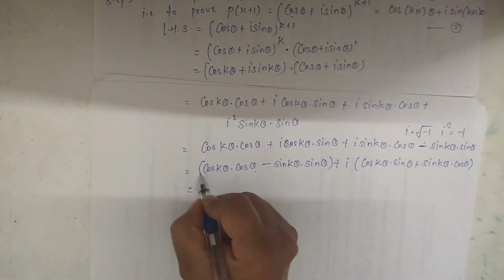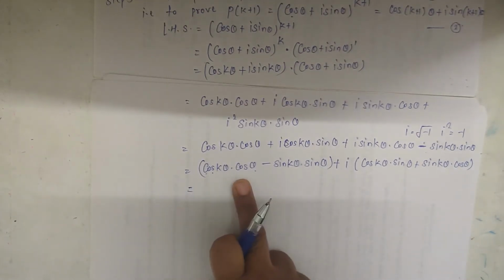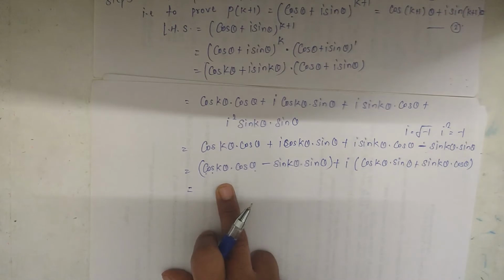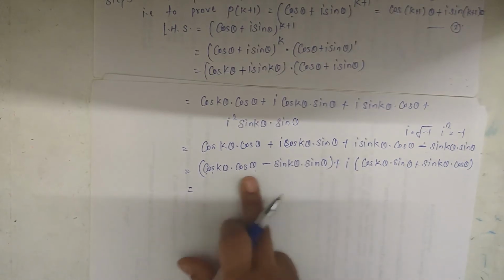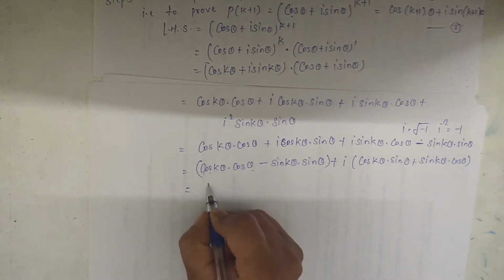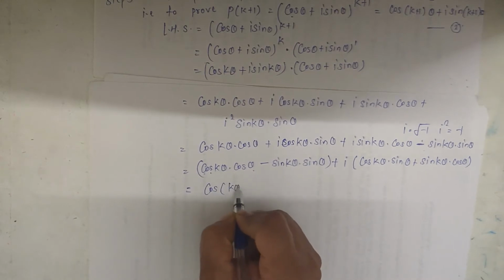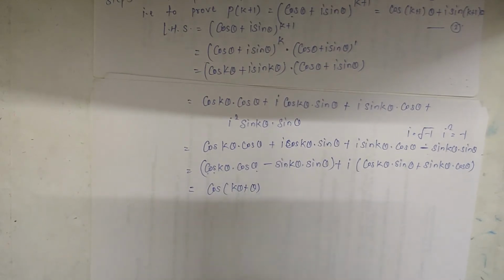This is the expansion of cos of k theta plus theta, in terms of compound angle.